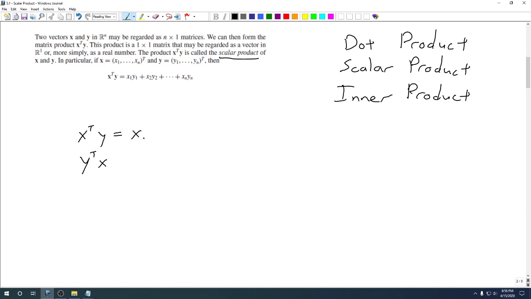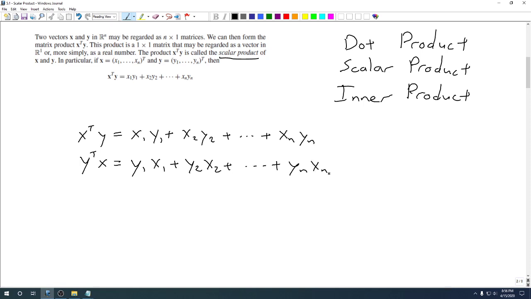If we write this out, x transpose y is x1 y1 plus x2 y2 through xn yn. And for y transpose x, we have y1 x1 plus y2 x2, and so on, till we get to yn xn. Well, we're just multiplying numbers here, so we can switch the order of y1 and x1, y2 and x2, and so on. These give us the same number.